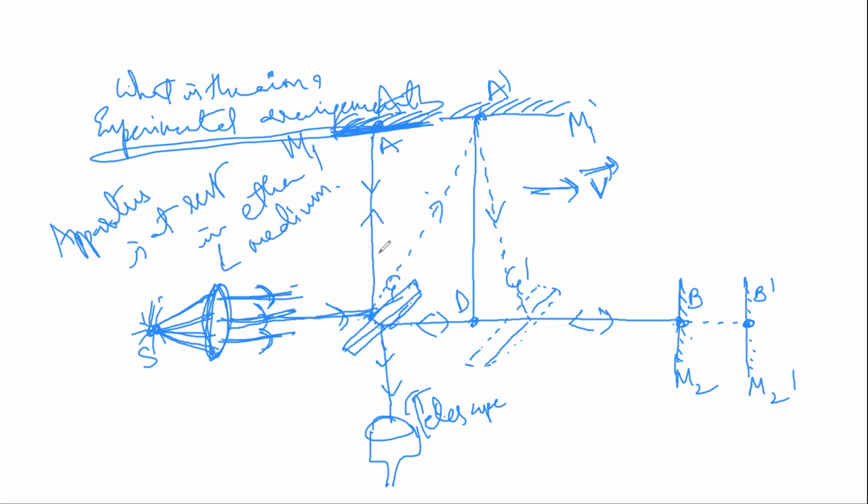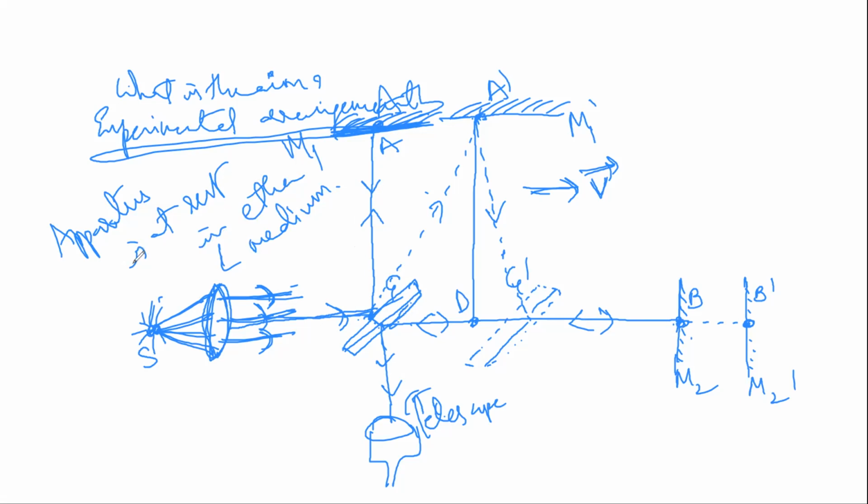From here to here, from here to here, equal time, because M1 and M2 are placed at equal distances from G. Both are perpendicular to each other, but at equal distances from G. Now they will come back and interfere, returning to the glass plate G in equal time, and hence the interference pattern can be seen here.